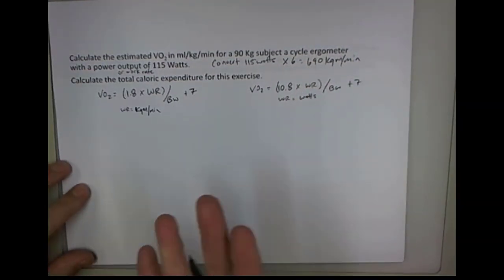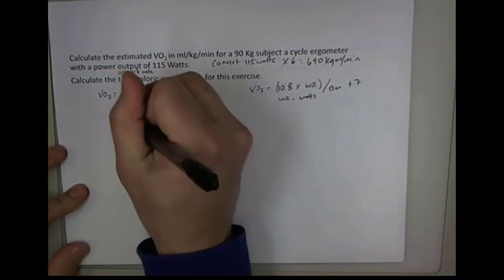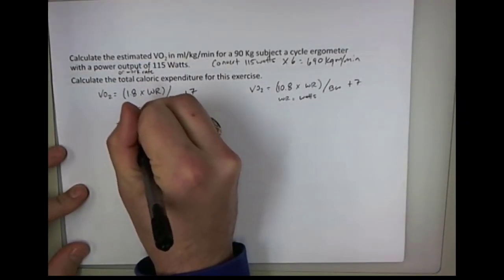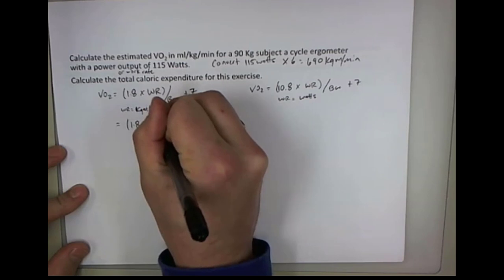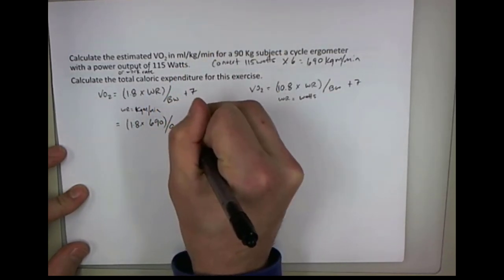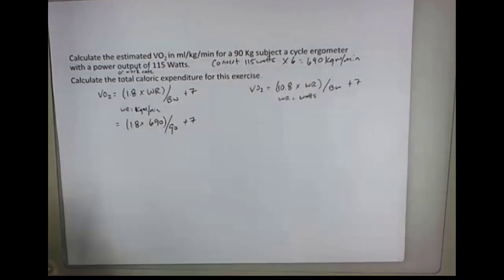Since this is an example, I'm going to solve both equations and show you that they give you the same answer. So again, we're solving for VO2, and here we have 1.8 times our work rate, which is 690, divided by our body weight in kilograms, which is 90, plus 7.